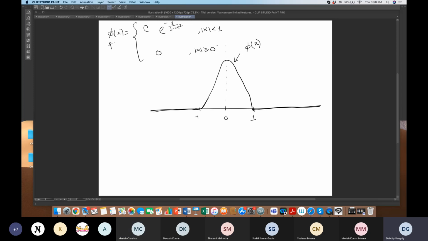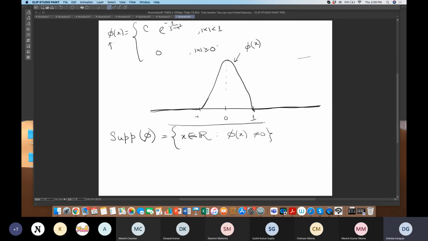Now you tell me, what is the support of phi x? Do you know the definition of support? The support of a function is the set of all x belonging to R such that phi x is not equal to 0, and take the closure.